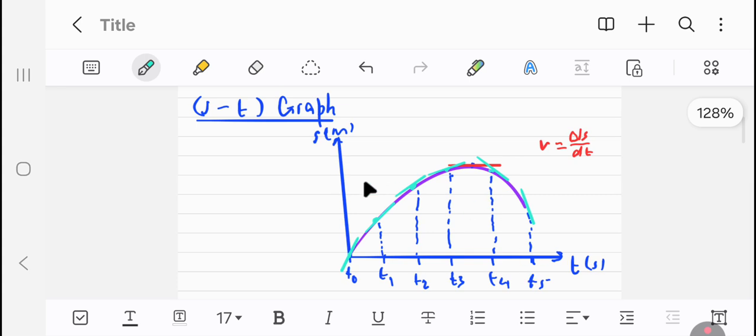Let us trace these velocities now. So here you have your v naught. Here you have your v1. Here you have your v2. And remember, your velocities are just the values for your slope here, or the function that you get for the slope, right? And then here you got your v3, and then here you got your v4, and then here you got your v5.